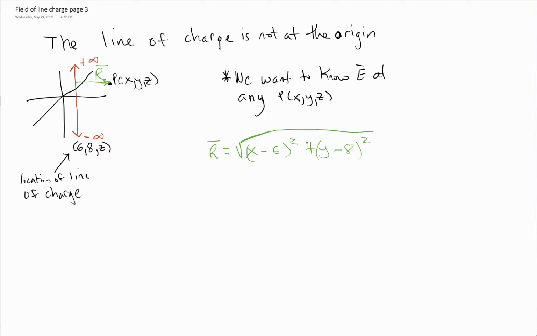There we go. Okay, and then from our formula, E is equal to rho L over 2 pi epsilon 0 rho a rho. And we're just going to recast this into rectangular. So this is going to be rho L over 2 pi epsilon 0 r a r.